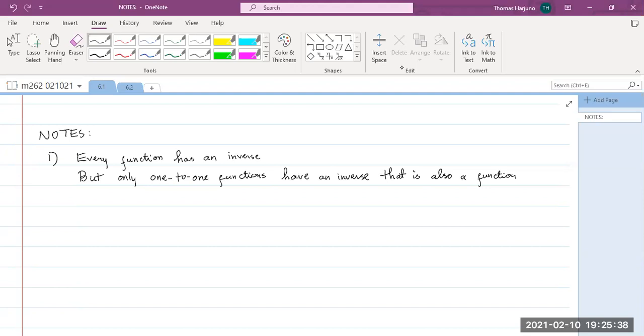To be more precise, f inverse x is the notation for the inverse function of f(x), and this f(x) has to be one-to-one.